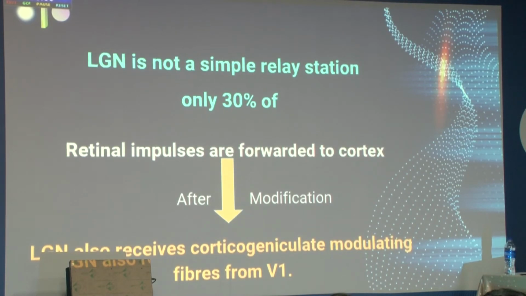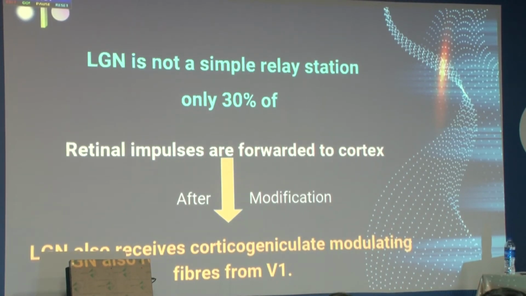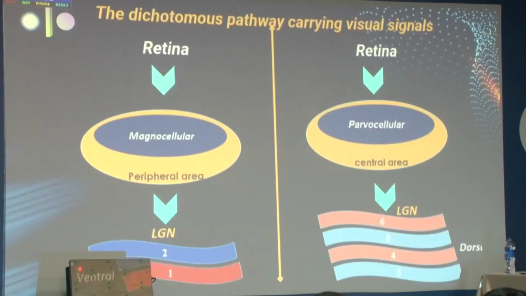Has it got anything to do with suppression? We don't know. So after modification, it allows 30% of impulses to go to the cortex, suppressing 70% of the impulses. Why is it important? You will know. So this is how it is.